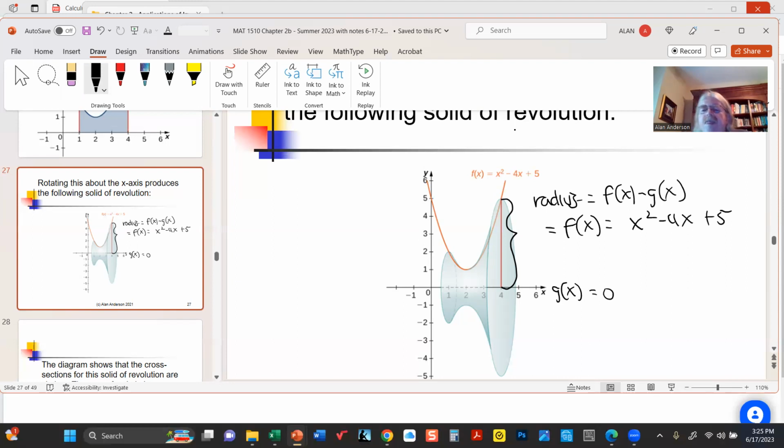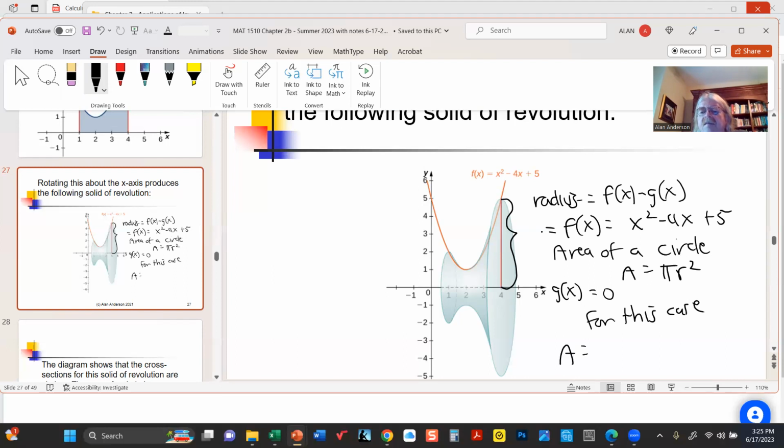That's the radius. Now, if you recall, the area of a circle is pi r squared. So for this particular case, the area is pi times x squared minus 4x plus 5, squared.